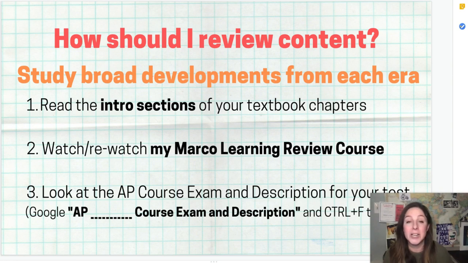So whether you're reading AMSCO or Stearns or any of the other textbooks, go back to the beginning of Unit 1, and there will probably be a couple of paragraphs or even a few pages going through a preview of what's about to happen in Unit 1. Those are your big, broad developments. So in world history, it might say something like, powerful land-based states rose and benefited from complex regional trade routes.